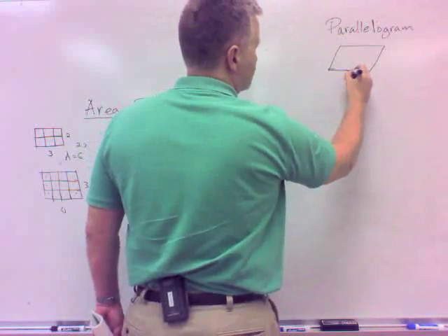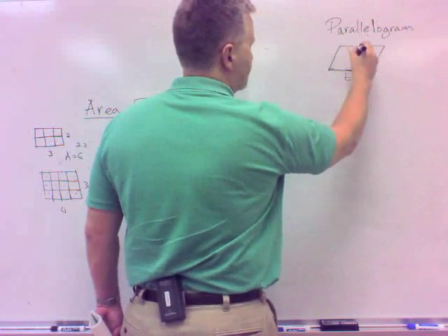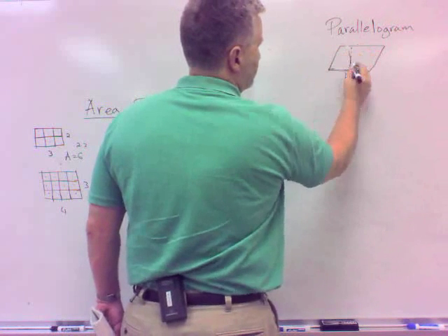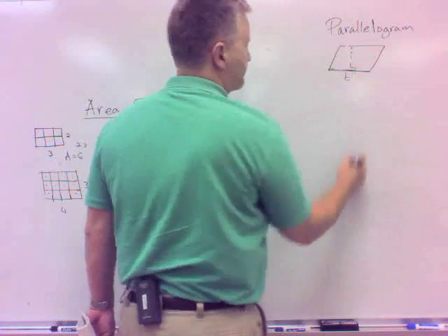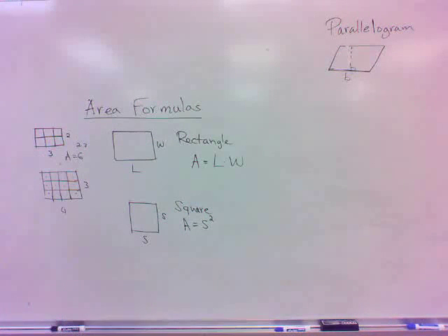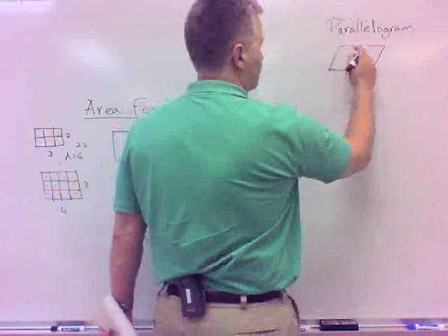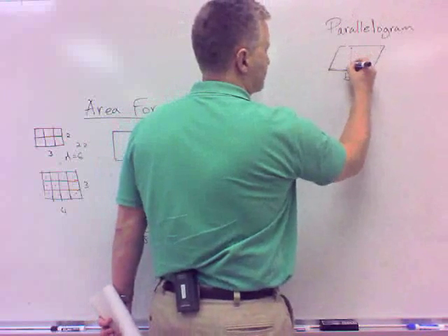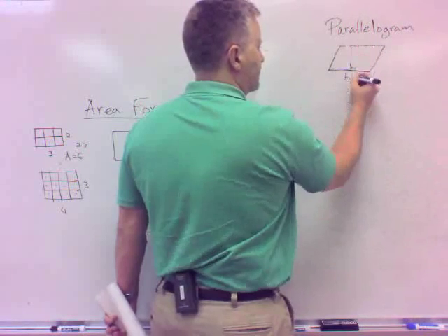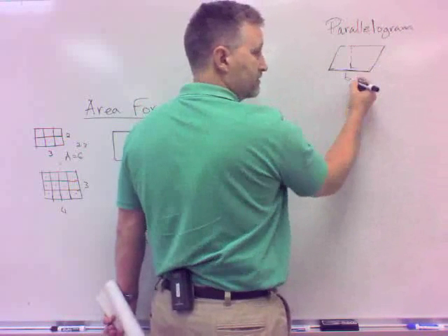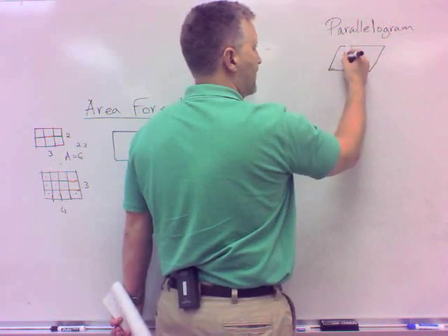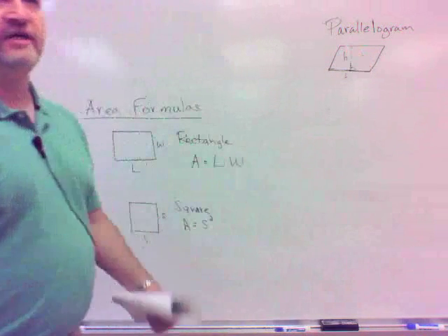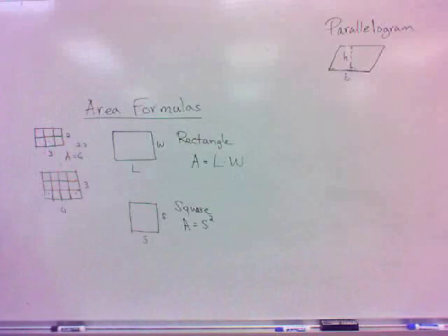What you need is this measurement here, which is the length perpendicularly, 90-degree, in other words, between this side here and the other side parallel to it. It's called the height. That's what you need for a parallelogram to measure the area.